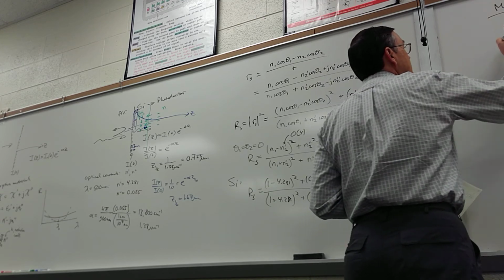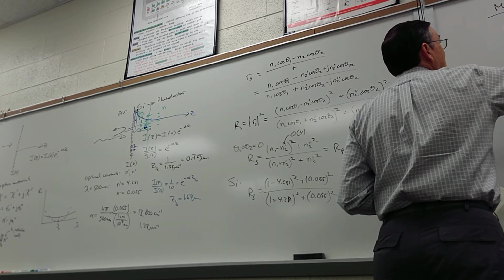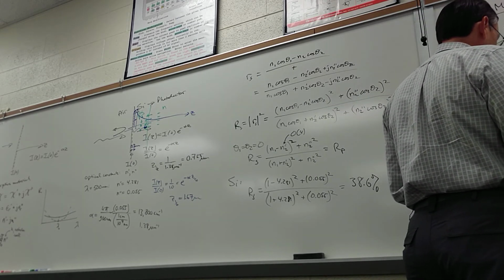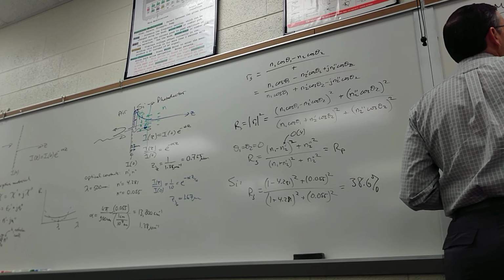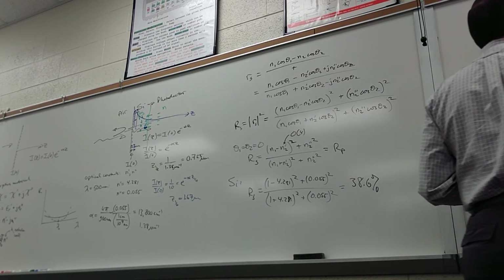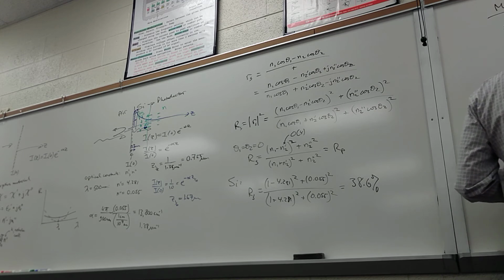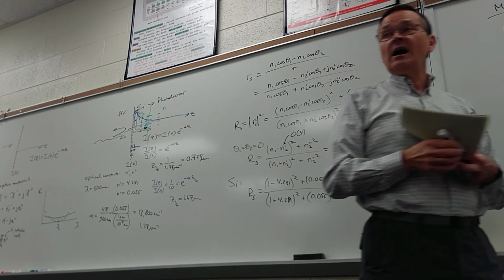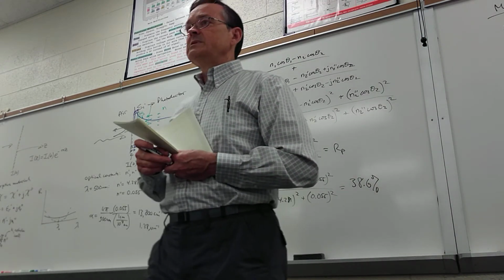On the other hand, if we look at gold, also at 517 nanometers, the real part of the refractive index is 0.5. The imaginary part is 1.86. So the reflectance is 0.647. It's high, but it's not really close to 1.